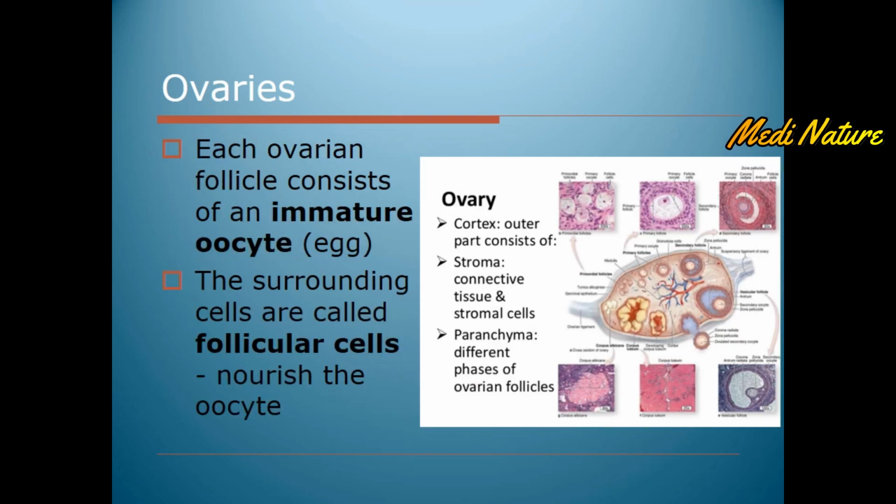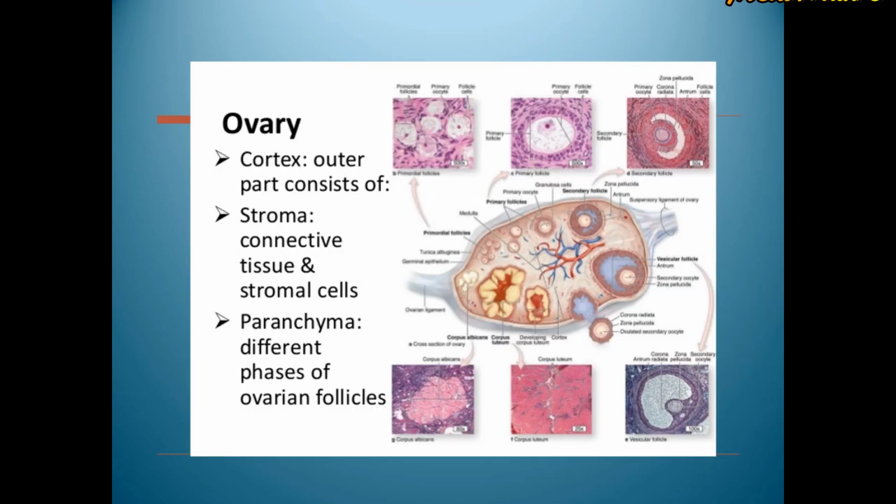Each ovarian follicle consists of an immature egg, or immature oocyte. The cells surrounding this immature oocyte are called follicular cells. These cells are important for the nourishment of the oocyte. So in this picture you can see the substance of the ovary is divided into two main parts, the cortex and the medulla.